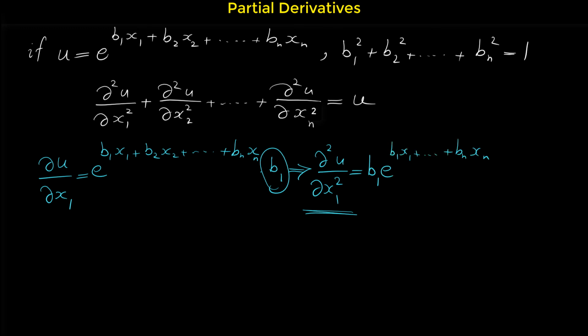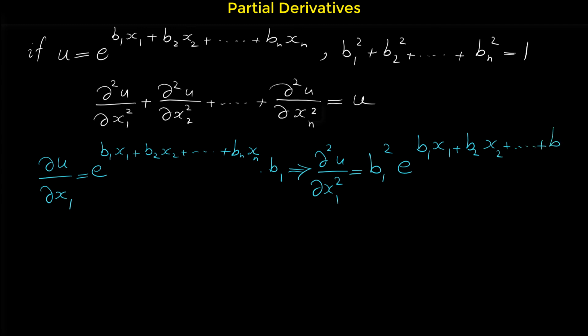Don't forget to multiply it by the derivative of the exponent, which is only b1 again. And if we multiply this b1 with this b1, we can write this as b1 squared. So the second derivative is b1 squared times e to the b1 x1 plus b2 x2 and so on up to bn xn.